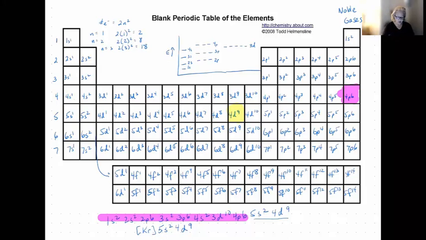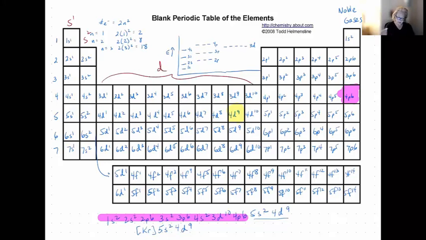But I also want you to notice something that's really important here, and I'm going to put this in red. Notice that in this first column, all the electron configurations end with S1. So we call that the S1 column. In the second column, they all end in S2. So we'll call that the S2 column. Notice that these here are the Ds, right?